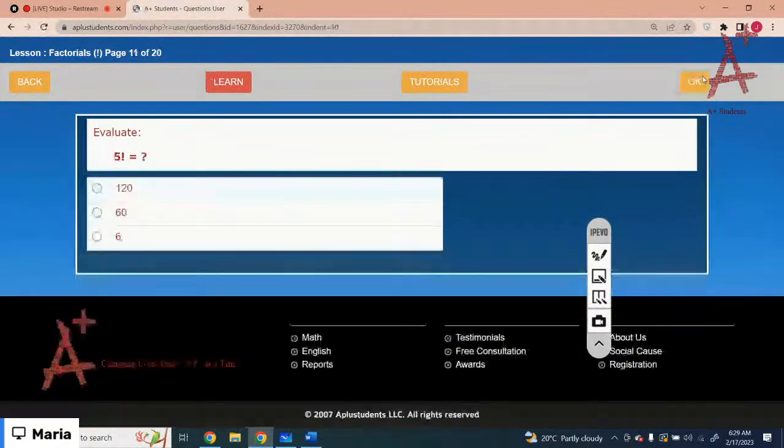Okay, the next one is 5 factorial. 5 factorial is 5 times 4 times 3 times 2 times 1.